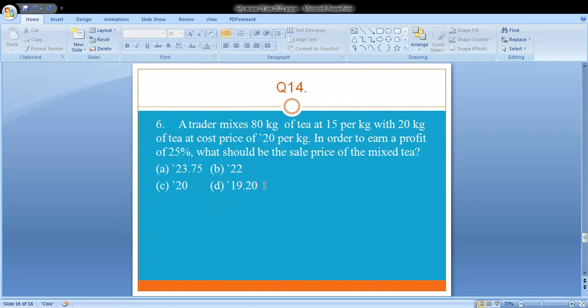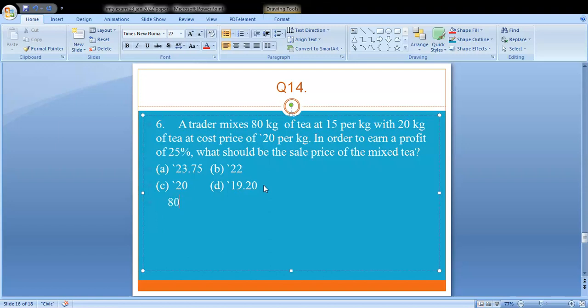First type is 80 kg into 15 rupees, that is equal to 1200 rupees. Second type of tea is 20 kg into 20 rupees per kg, that is equal to 400 rupees.